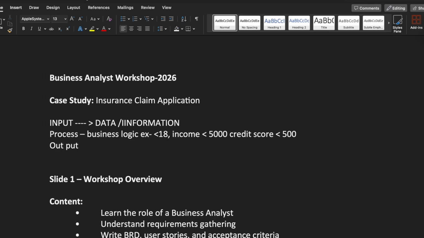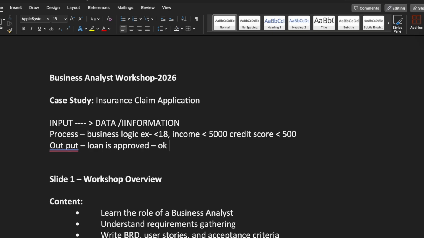So these are all business logic. You collect something, and the programmer will write the business logic behind the scenes. The expected result we call output. If you understand these three basic fundamentals, you can write any number of user stories.